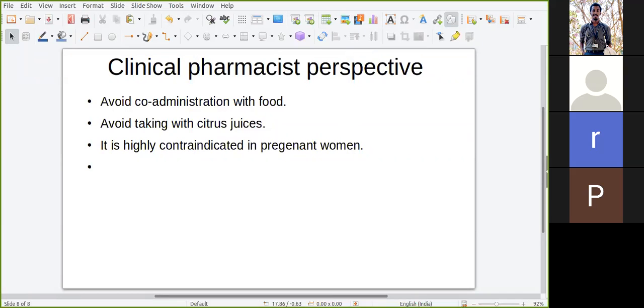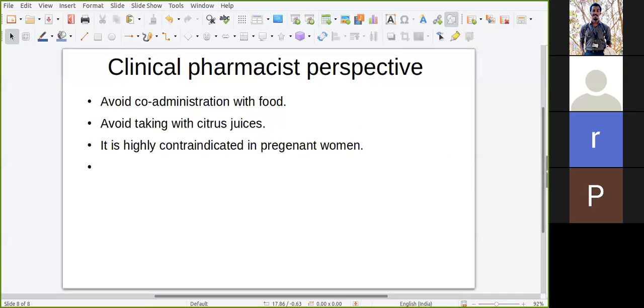All right, so any doubts? Why is it contraindicated in pregnant women? As I told you, some studies say that in animal studies it did not show any teratogenic effects on mice, but it has shown that it may cause early birth and affect the development of the fetus, especially in the early stages of pregnancy.